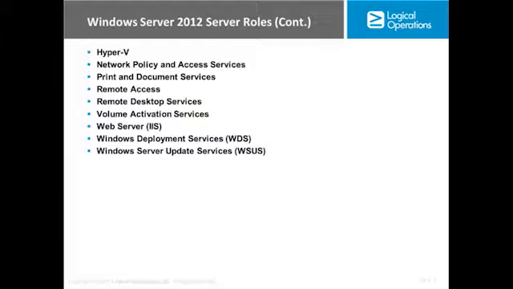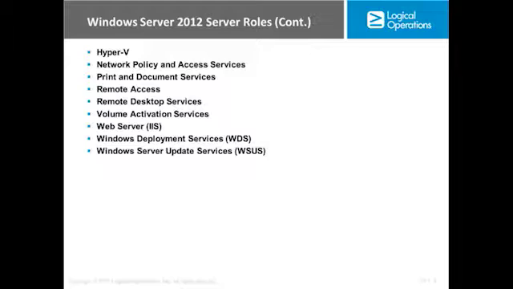I can require machines that connect to prove their health. You've got your patch level to a certain amount, you've got the latest antivirus signatures, your firewall set a certain way, certain updates. If you can't prove that, you can't connect. So Network Policy and Access Services allows us to control those kinds of remote users, or even users that simply come and plug into a switch. They have to prove their health before they can actually get on the network.